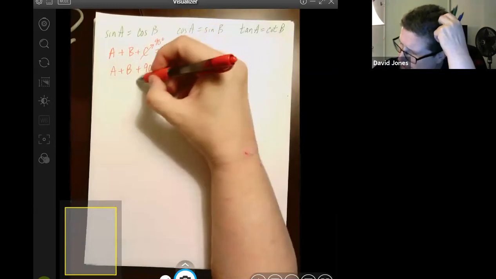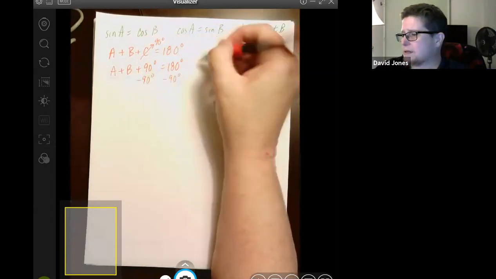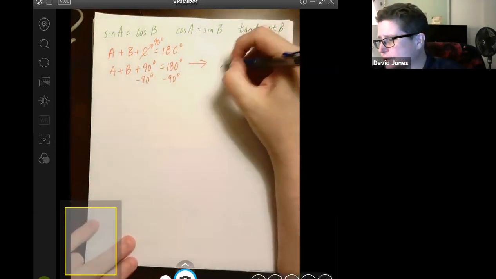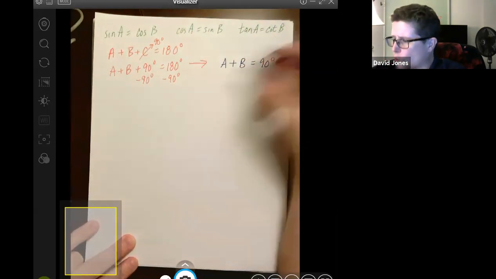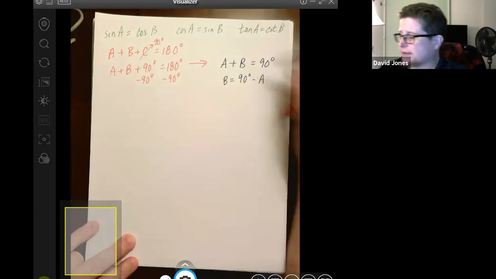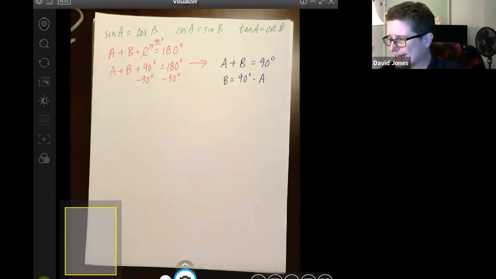We subtract 90 from both sides, and we get A plus B equals 90, or B equals 90 degrees minus A. This leads us to our cofunction identities.